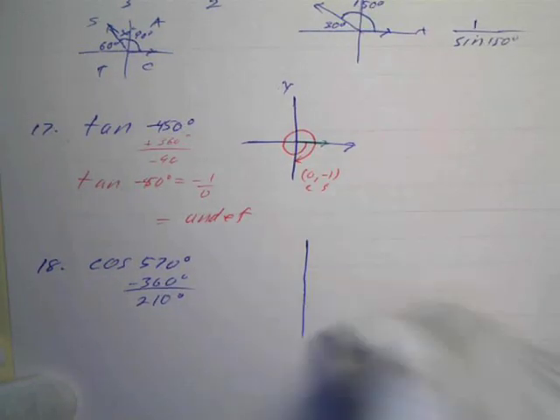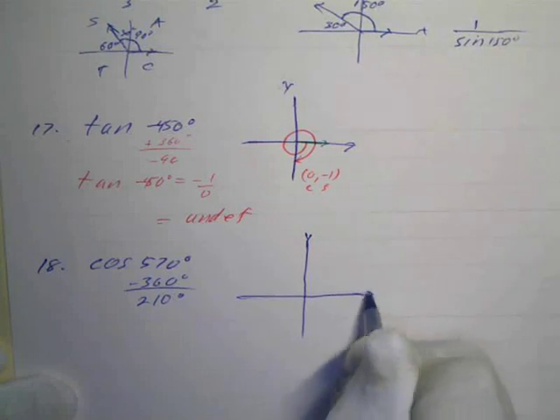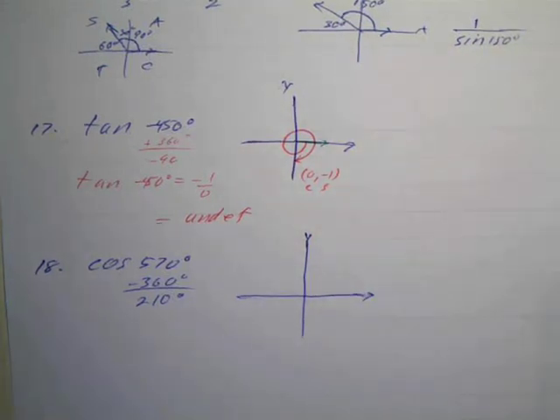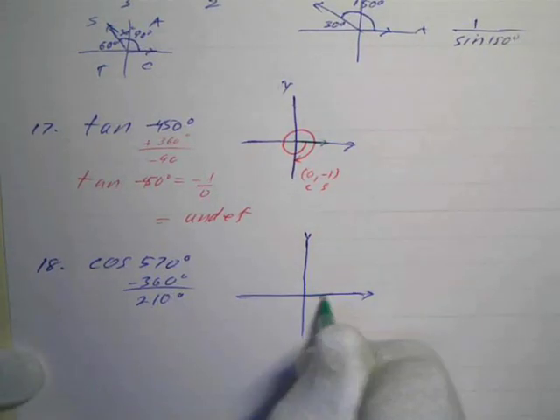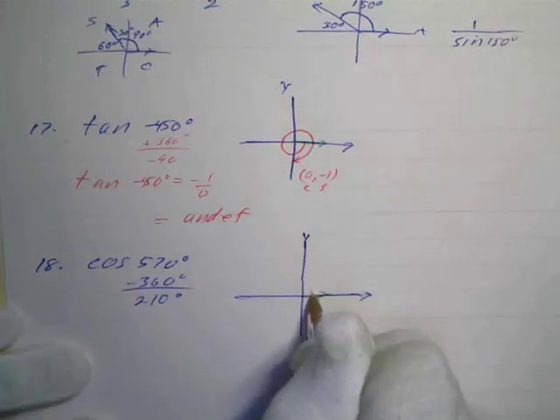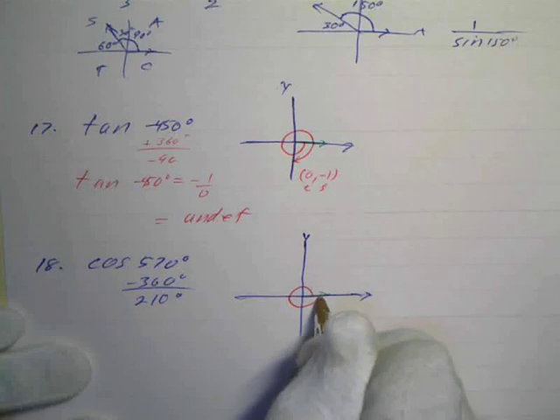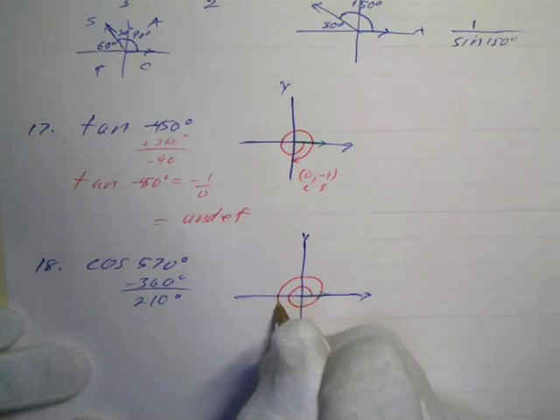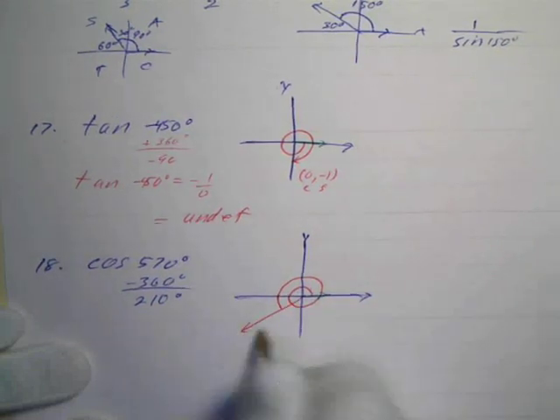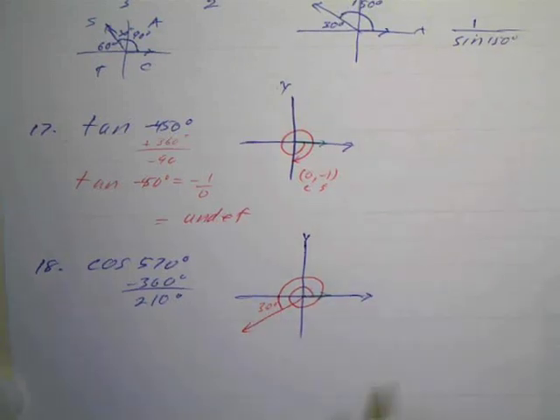And like I said, you could sketch it to see what quadrant you're in anyway. Start over here, go all the way around. There's 360 plus another 210. So there's another 180 and another 30. So there's my reference angle, 30 degrees.